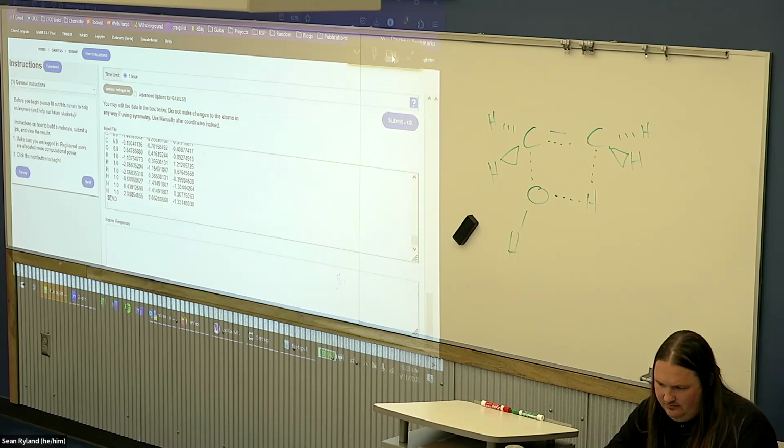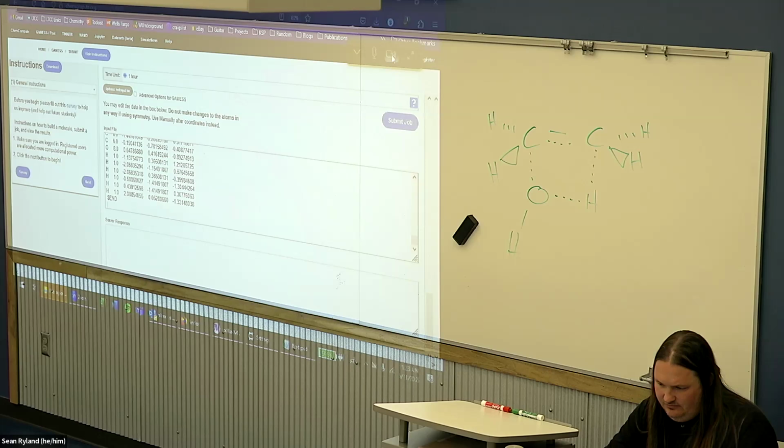Then when I come back to my files, here's my input file for the saddle point. I'm going to delete that and just copy and paste. Oh, it only copied the coordinates for the hydrogen because I only had the hydrogen selected. So select everything, then hit Copy Coordinates.